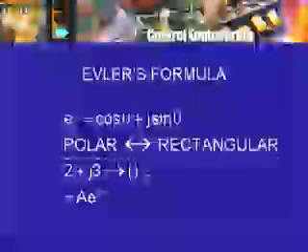Or going back to Euler, then this 2 plus j3 would be represented by some coefficient a, which is a positive number, multiplied by e raised to j theta, where this a is the modulus of the complex number and theta is the argument of the complex number. And this is called the rectangular to polar conversion.